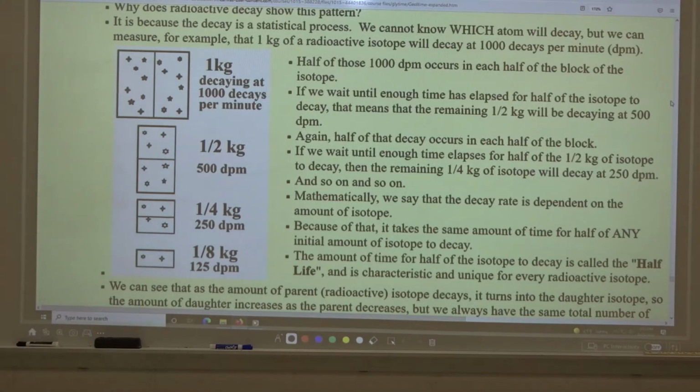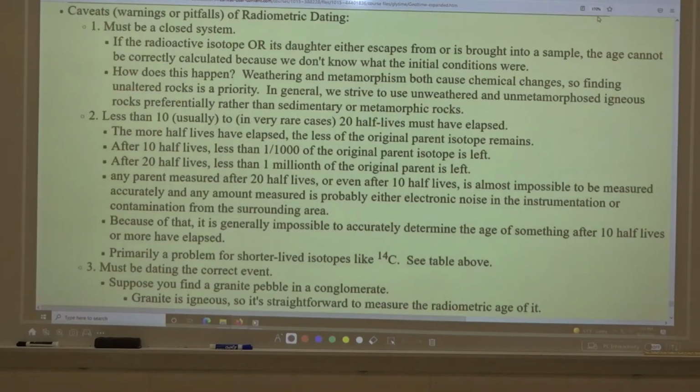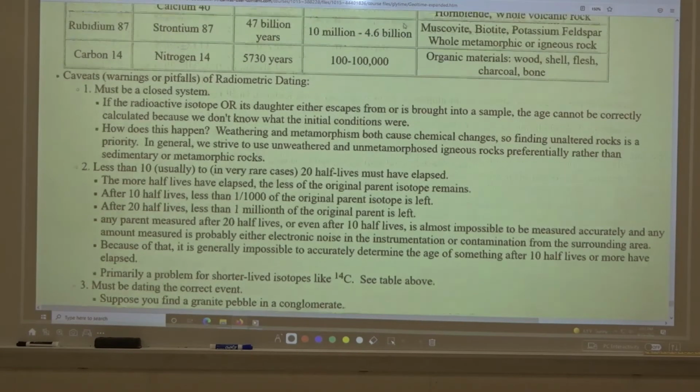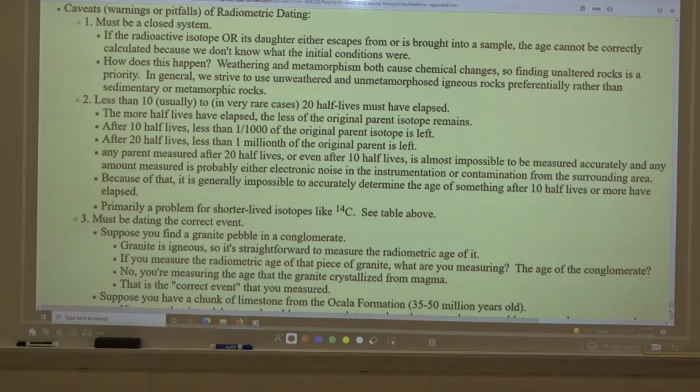And if you scroll down to the bottom of this webpage, you're very close to the bottom, you will see what I call caveats or warnings that show the principles, or rather show the conditions that have to be present in order to successfully do radiometric dating. And so these are the principles.